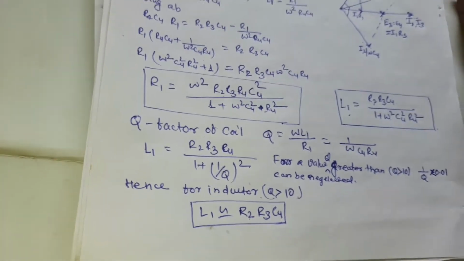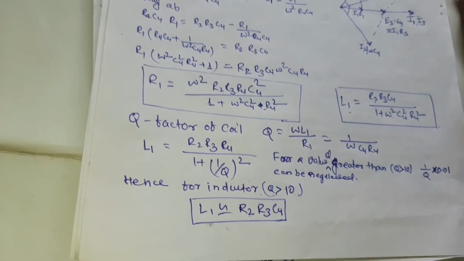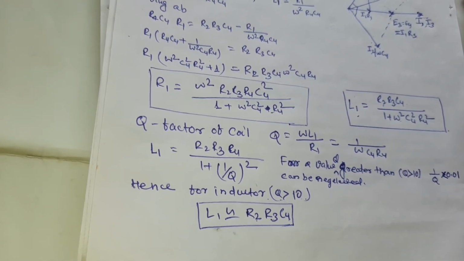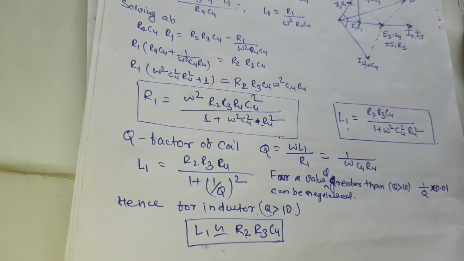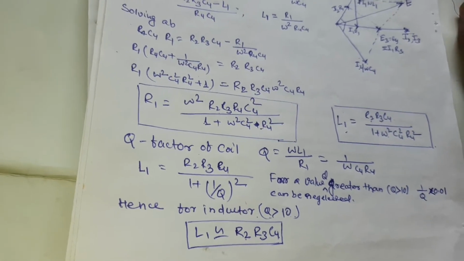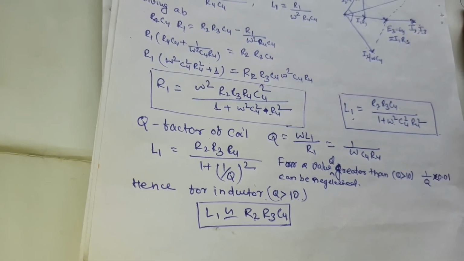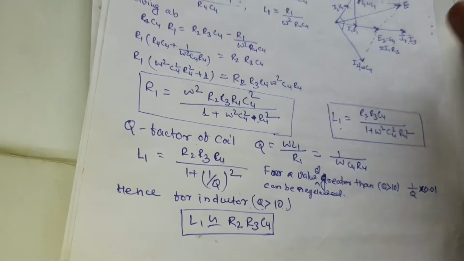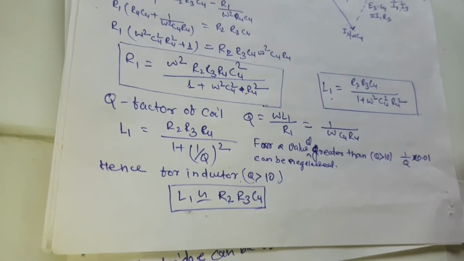As we discussed in the last part, that means AC part 1, Maxwell's inductance bridge is not useful for the measurement of high quality factor inductance. So using the Hay bridge you can measure high quality factor inductance, but it is not useful for low quality factor inductance.